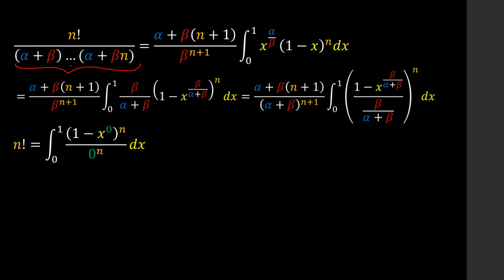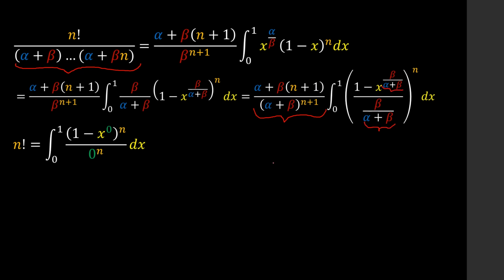So at the bottom I'm going to have just 1, and at the top I'm going to have n factorial, so this just becomes n factorial, which is what we're interested in. Meanwhile, this here becomes 1 plus 0 all over 1 plus 0, so that's just going to be 1, so this whole constant disappears, and then these two are going to be 0.